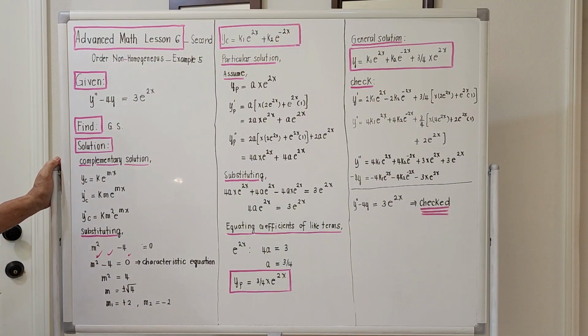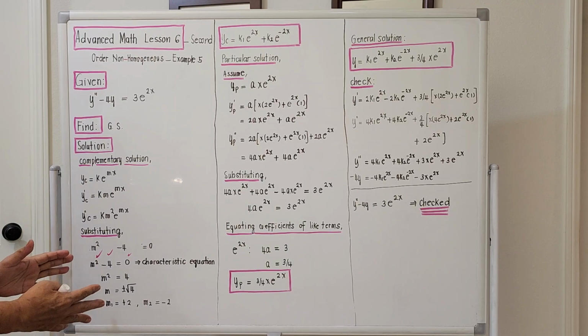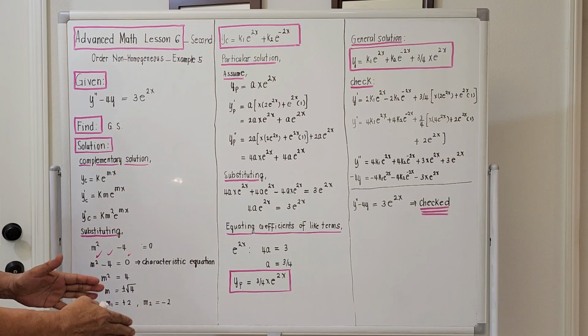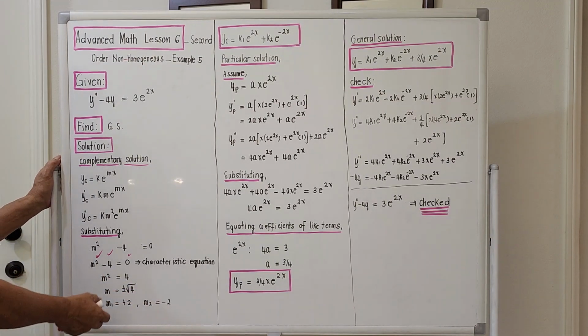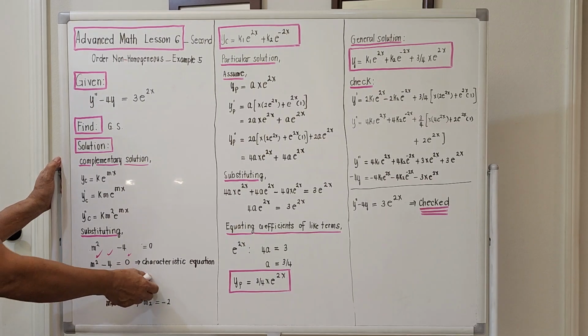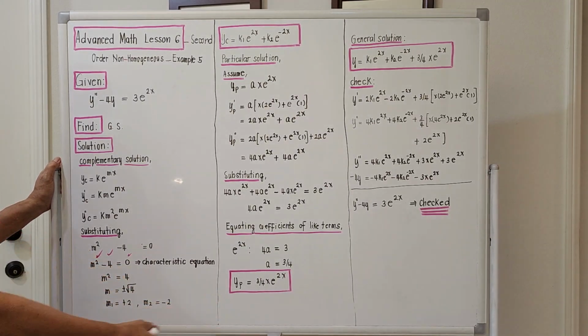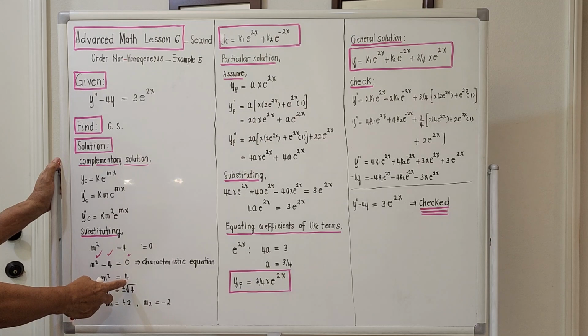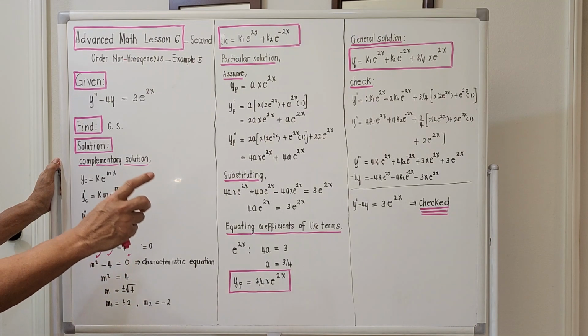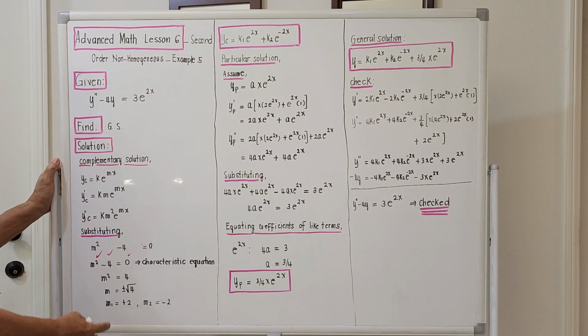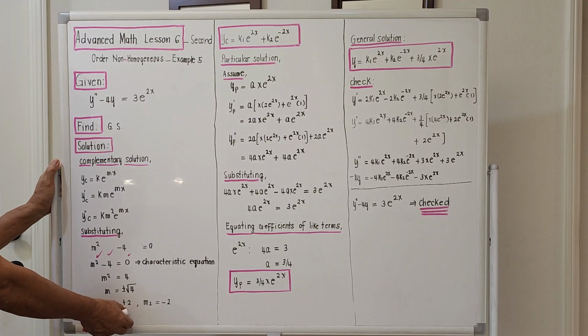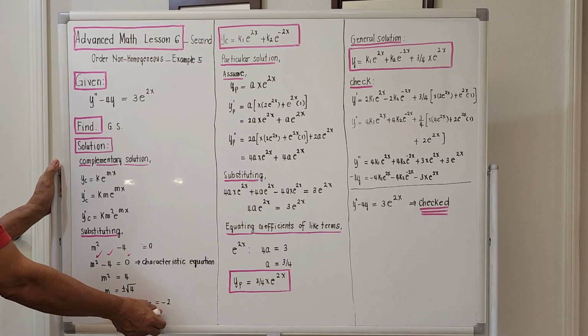Solving for m, luckily, we could solve it the positive way. That is, m square equal to positive 4, by transposition. The resulting values of m will be plus and minus. So m will be plus or minus the square root of 4. So m1 will be plus 2, and m2 is equal to negative 2.